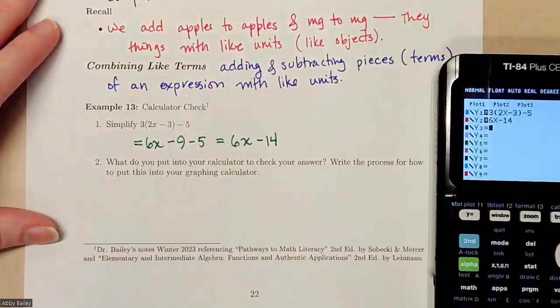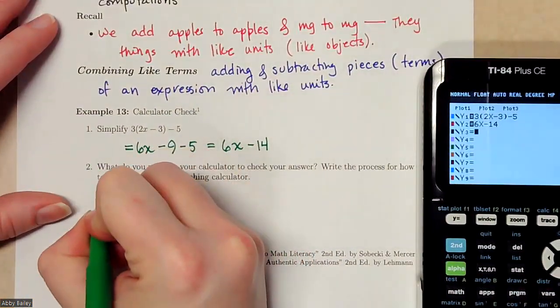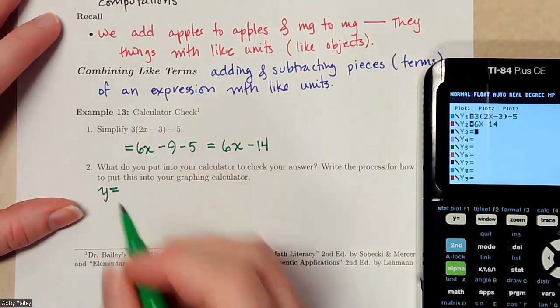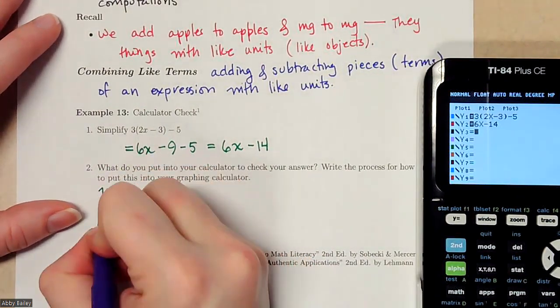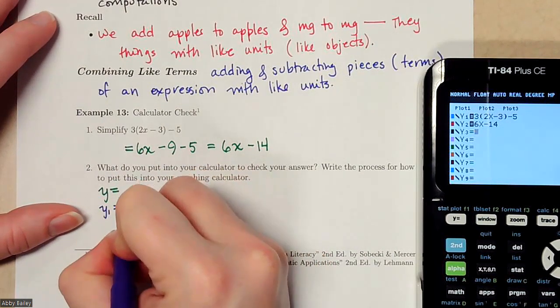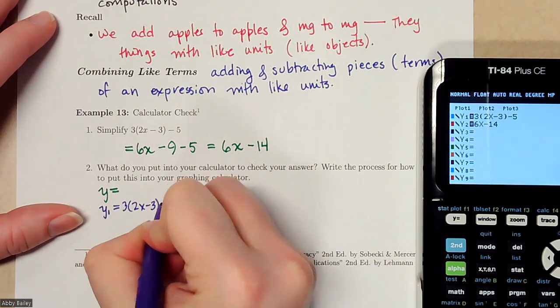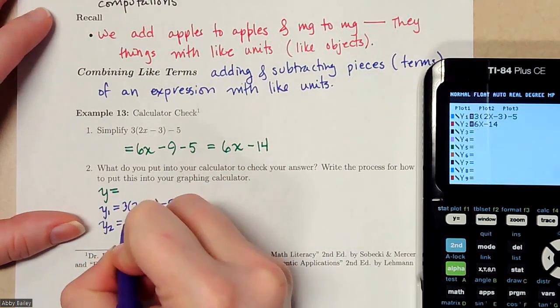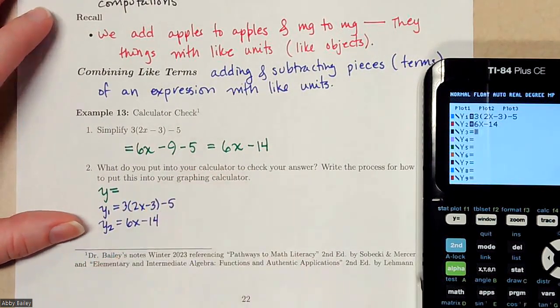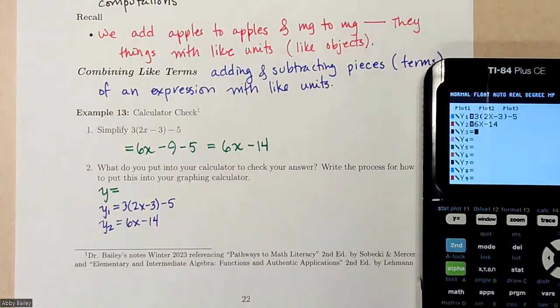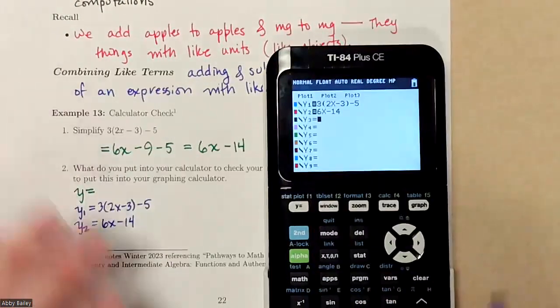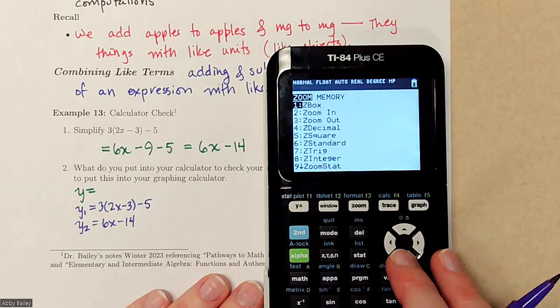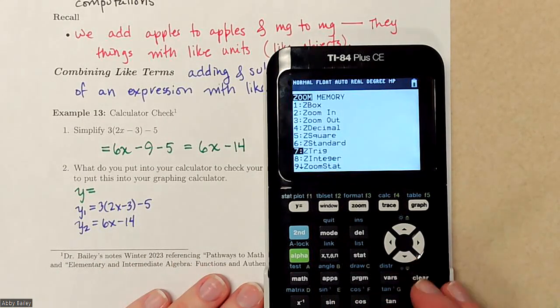So far, what did I do? I went to Y equals. I put in Y1 equals the original, and then Y2 equals 6x minus 14. Now I'm going to hit zoom and go to standard.